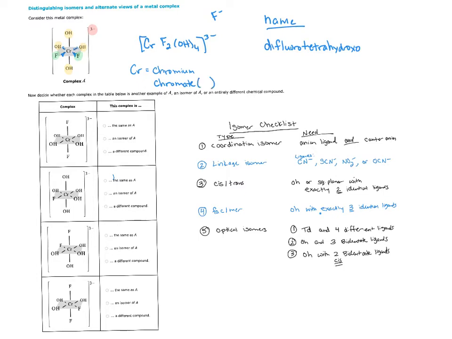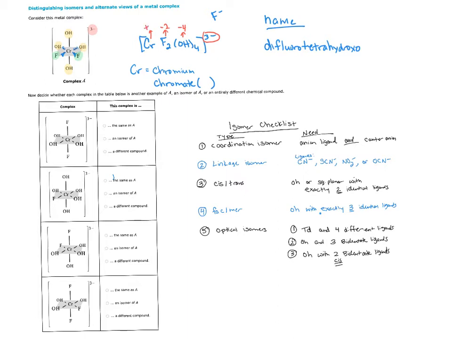And then we need to include the charge. This is a good time to review the charge. I can see the overall charge of the complex is -3. That means that all of the ligand charges and the charge of the metal must add to -3. I know that each hydroxo is -1, so that's -4 total. Each fluoro is -1, so that's -2 total. So we have total -6.